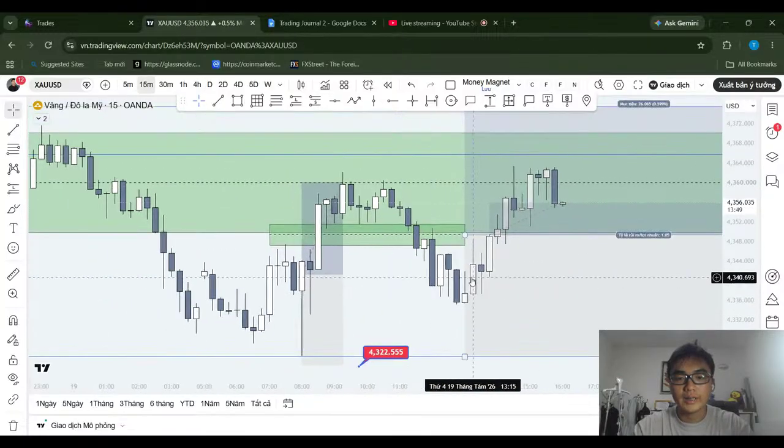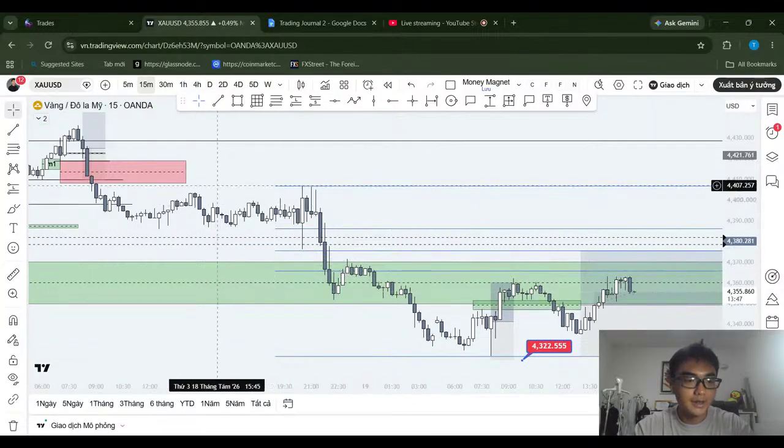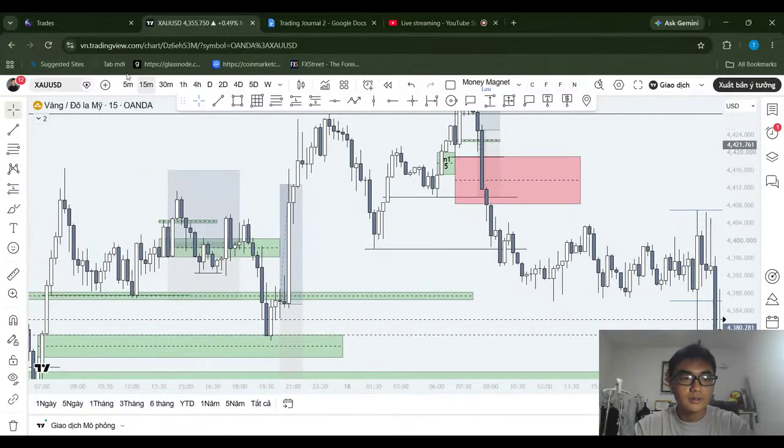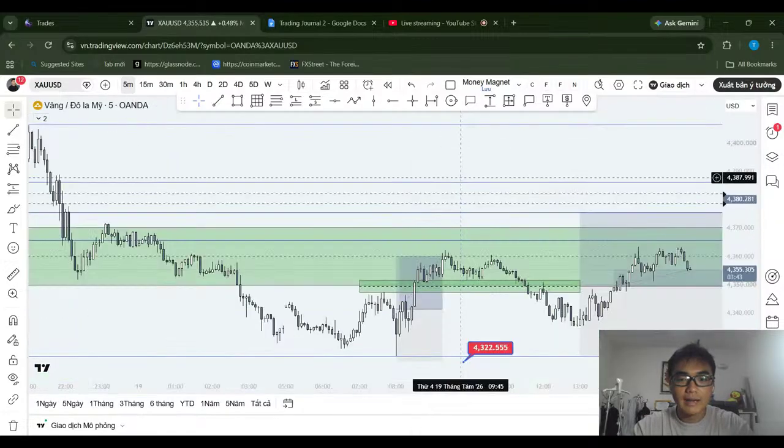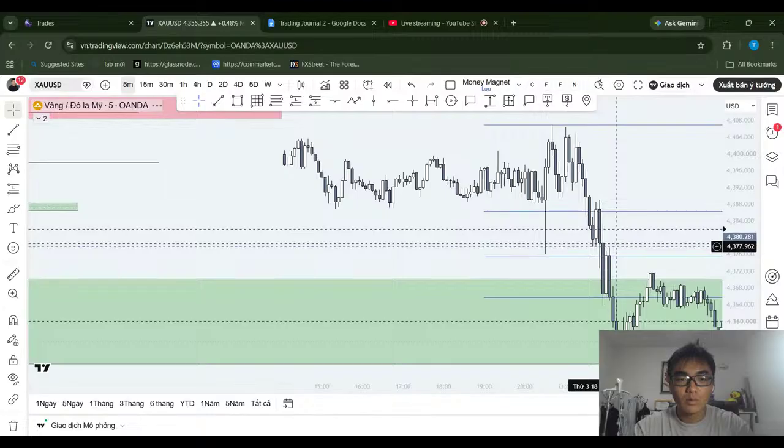So I look at the trade from this one. For the 15 minute and 5 minute time frames, I can see it more clearly.